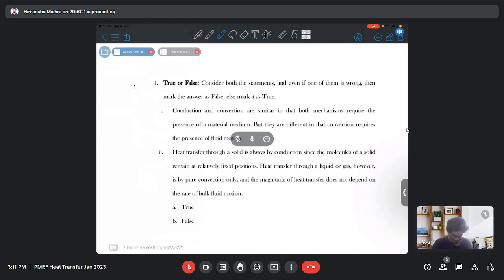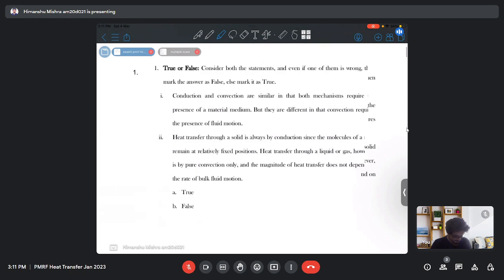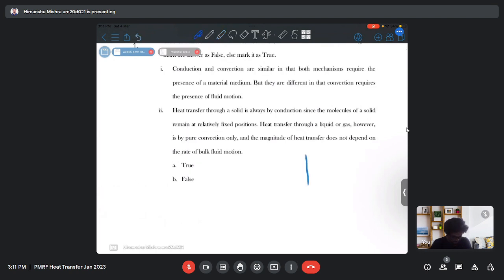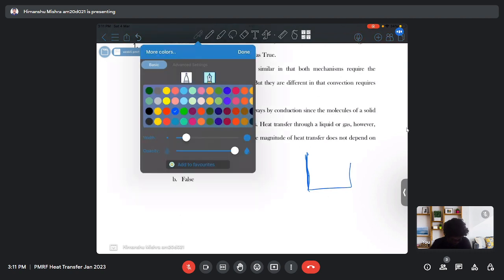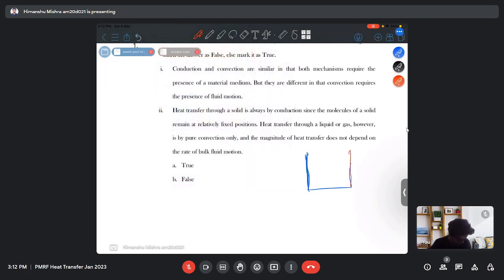This statement is correct, because conduction can occur even in a fluid medium. Let's say this is my beaker and this is my fluid, with temperature T1 and temperature T2. In this process, there will be heat transfer due to conduction.